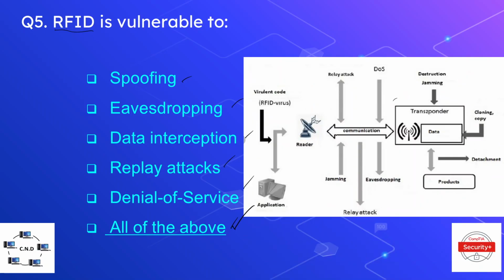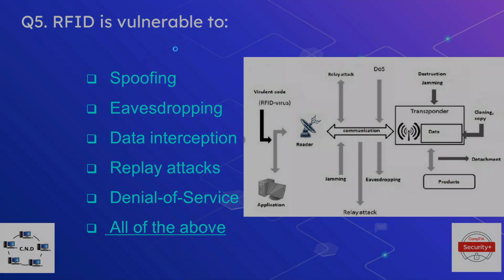As we can see here, the transponder and reader are vulnerable to replay or relay attacks, jamming attacks, DoS attacks, and eavesdropping attacks. This wireless communication channel can be compromised using a variety of attacks. Therefore, the answer is all of the above. These attacks can all be carried out against the RFID device.